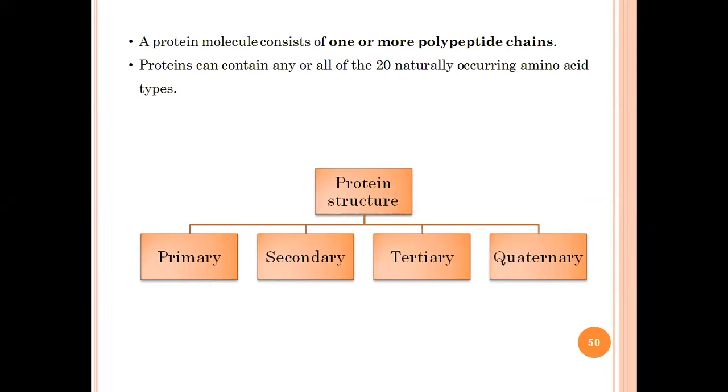Primary structure is a long chain of amino acids. It's just a linear chain of amino acids known as polypeptide. That's it. अगर मैंने उसको break down किया, it will be hydrolyzed into amino acids. There will be no specialized structure as such.